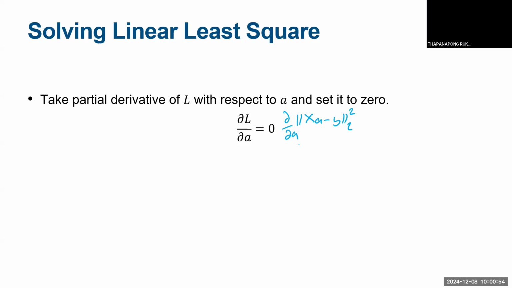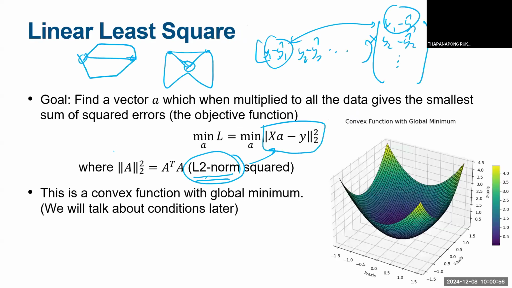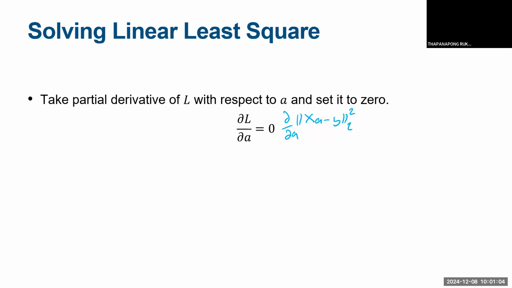Well, we can write this in the matrix form. So we know this formula, and we use it to transform this into something that we can take a derivative of. So this is going to equal xa minus y transpose times xa minus y.